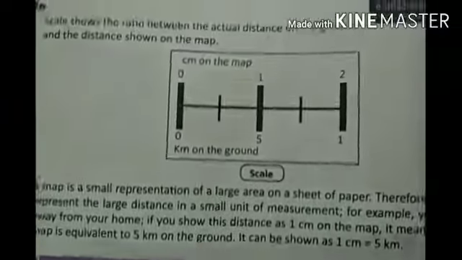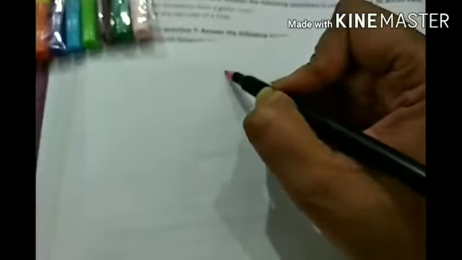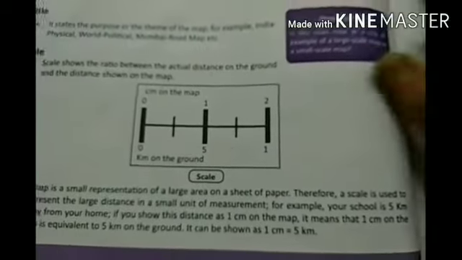For example, I am going to give you one example. Suppose this is your house and this is your school. Now, your house and your school both are there. Suppose your school is 5 kilometers away from your home.